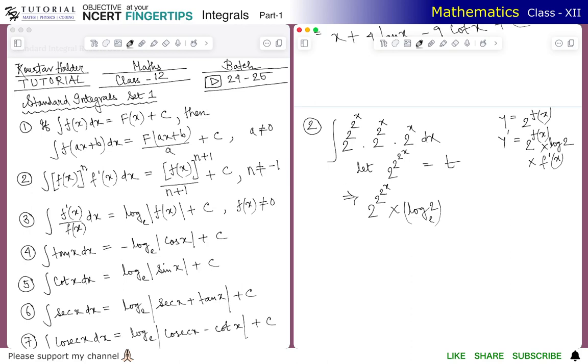Now I have to again differentiate the power of the base 2.